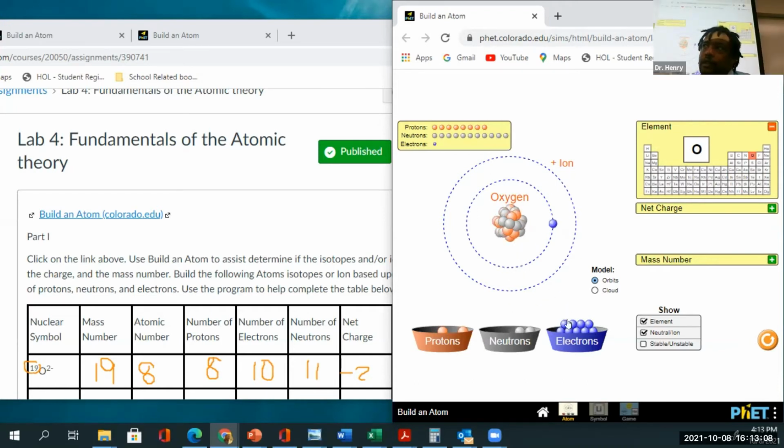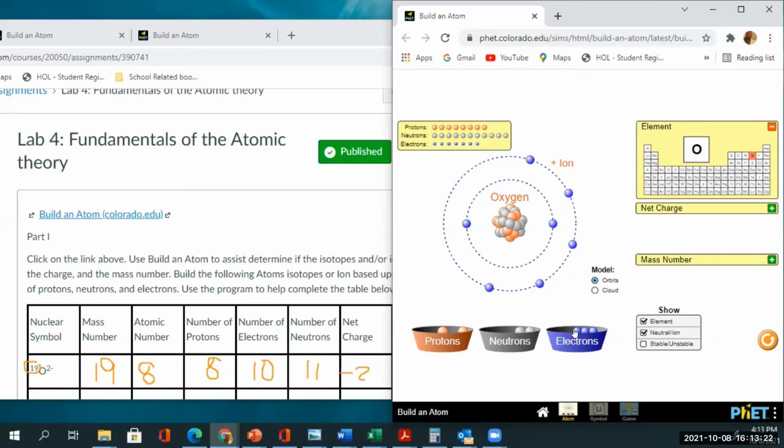And then electrons: 1, 2, 3, 4, 5, 6, 7, 8, 9, 10.